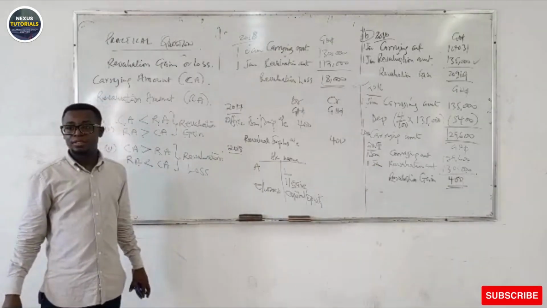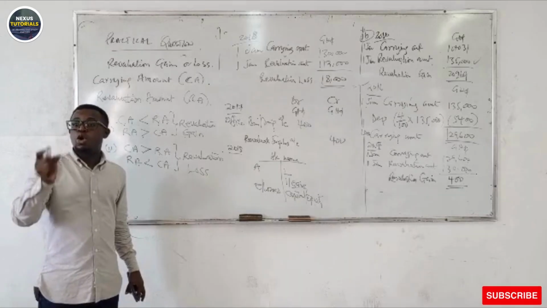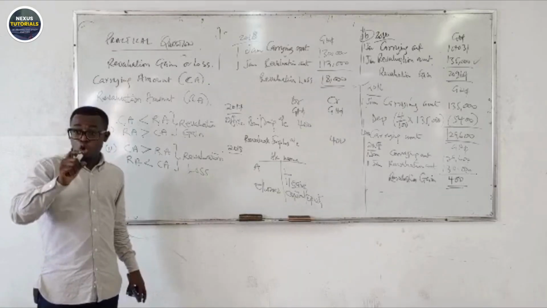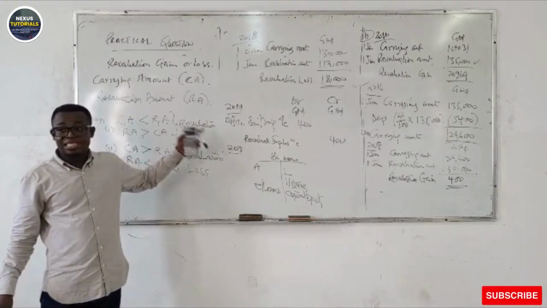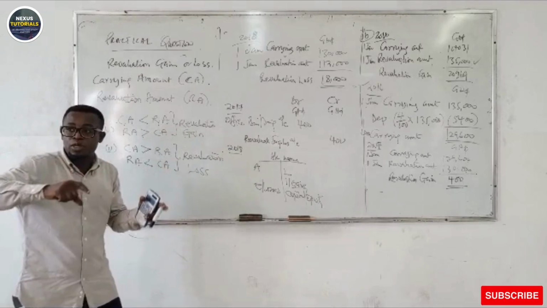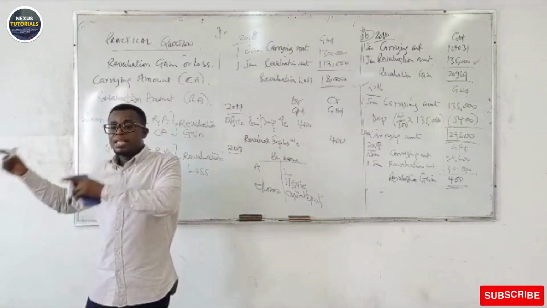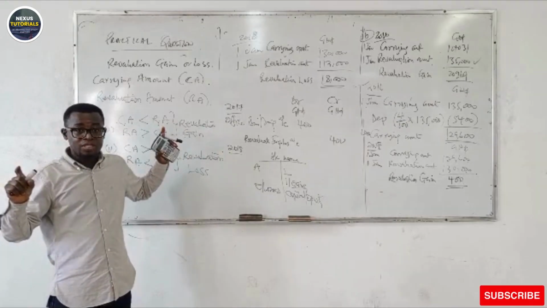Was there a loss or a gain? A loss. The question says, show how we should account for revaluation surplus or loss. So in 2017 there was a surplus, a gain. The revaluation gain is reported under the revaluation surplus. Then the revaluation loss account. Are we good?